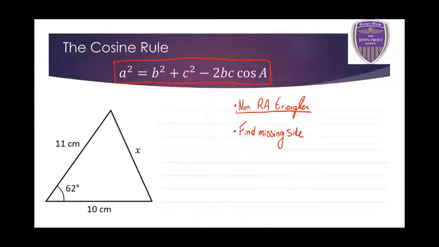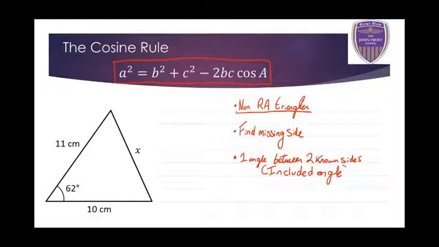And the only information we need to know in order to use the cosine rule is one angle between two known sides. This is also known as an included angle.